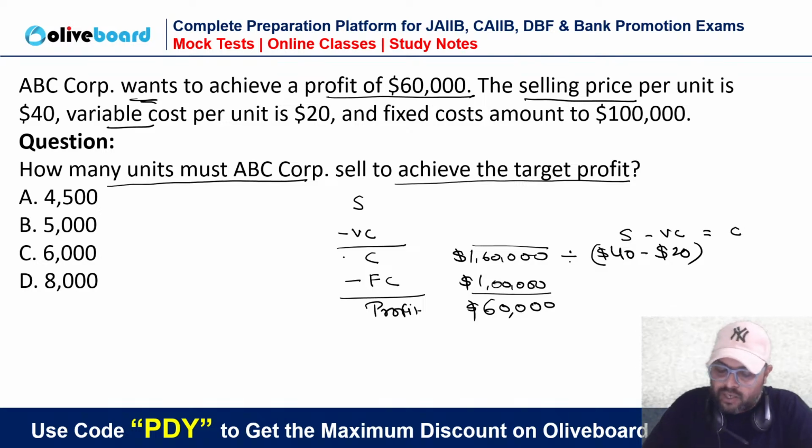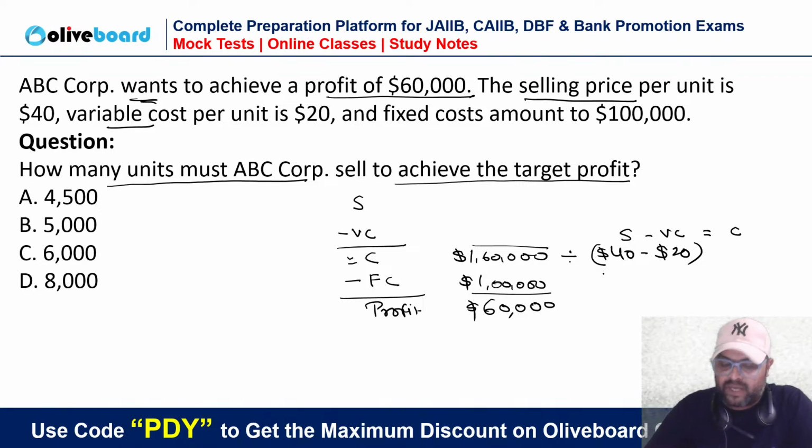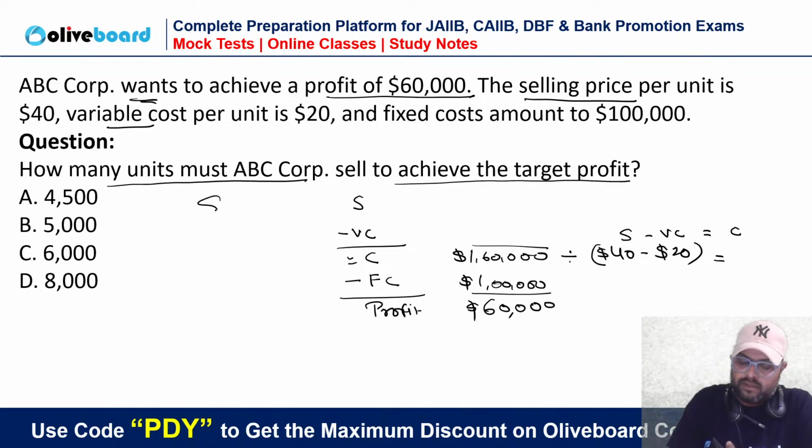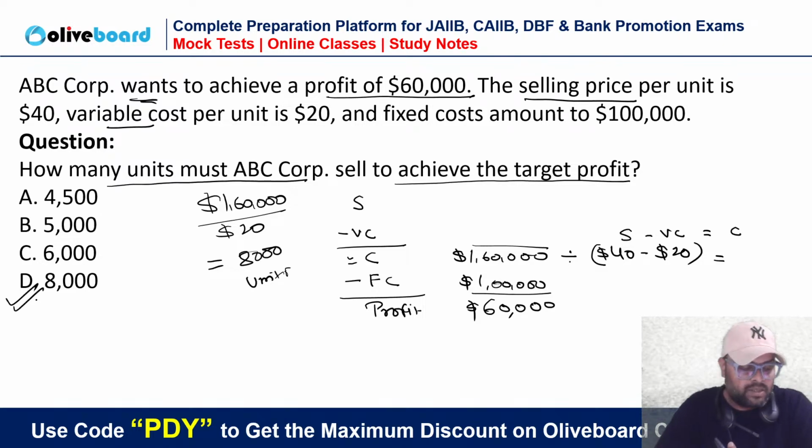So if I match the contribution per unit with the total, I get the number of units we have sold. So $1,60,000 divided by $20 brings us to 8,000 units. So D is absolutely the correct answer.